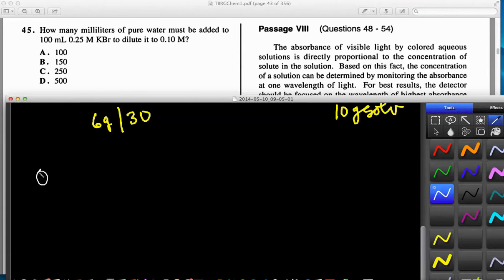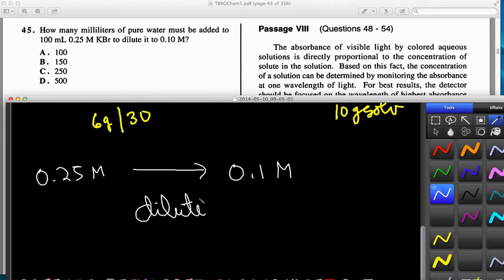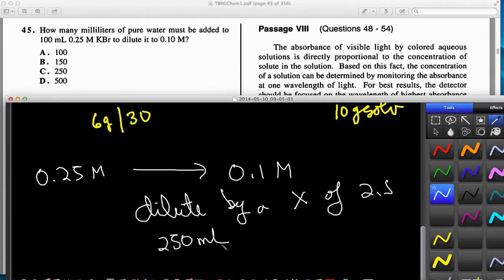If I'm going from 0.25 molar to 0.1 molar, I need to dilute by a factor of 2.5. This is 2.5 times more dilute than this, which means I need 2.5 times more volume, which would be 250 mils. That's what I need the final volume to be.